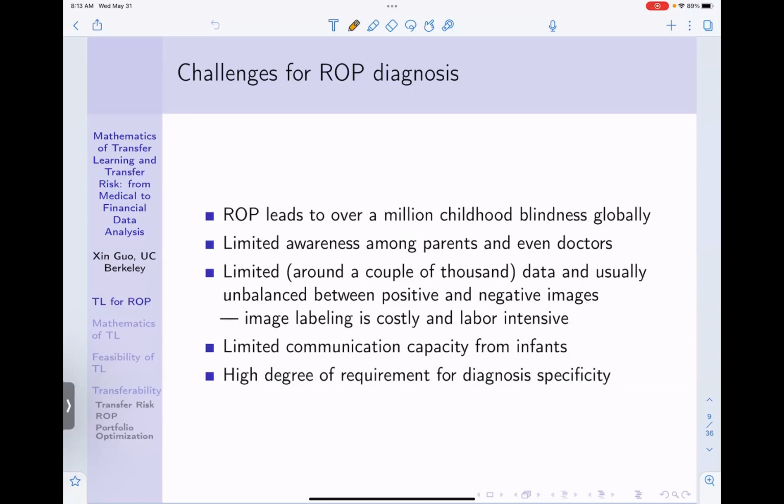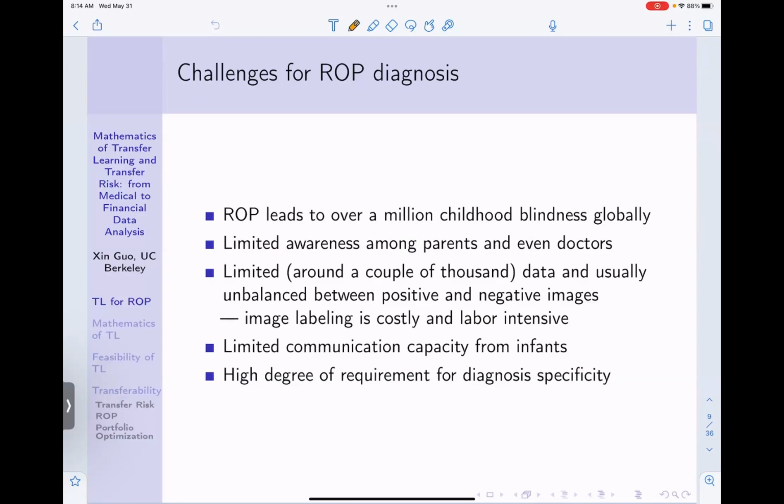For medical image analysis, this kind of problem usually requires tens of thousands of data points to reach a desirable accuracy level, whereas for ROP it's very difficult to get them. Most of the available data is a couple of thousand samples. And there is an imbalance between positive, meaning you have ROP, and negative images, just because you don't have many positives.